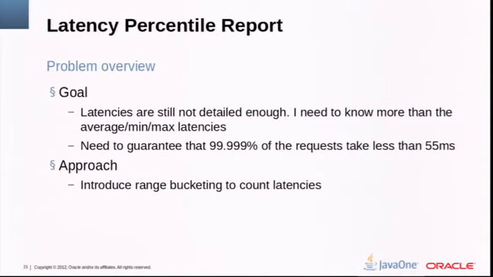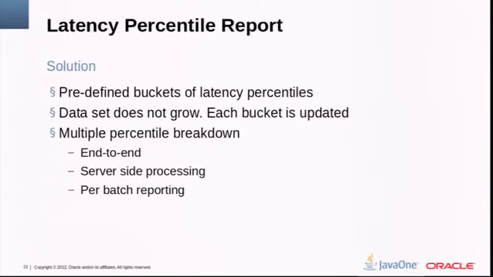So the approach: we introduce a concept of range bucketing, right? In range bucketing, we have predefined sets of latency ranges. So we have 0 to 5 milliseconds, 5 to 10 milliseconds, 15, 20, 25, up to the latency range which is relevant for us, say 60, 90 milliseconds.